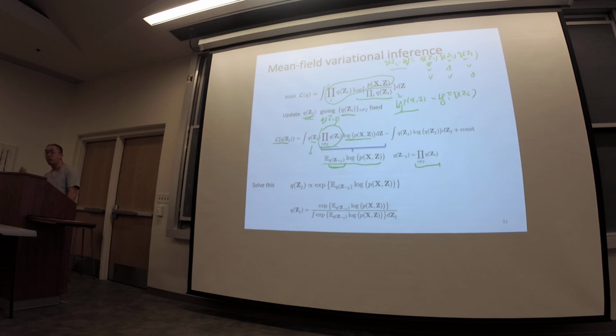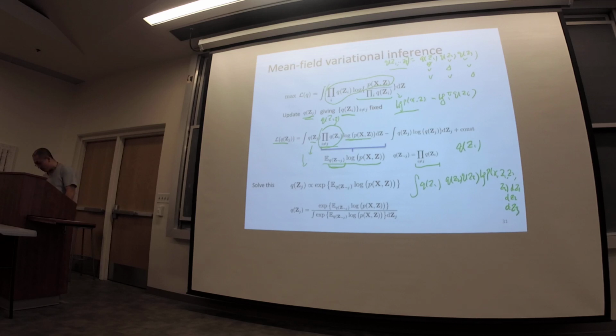Suppose I just have three random variables, Z1, Z2, Z3, and I want to update Q of Z1. In the first term, I can write it as Q(Z1), then Q(Z2), Q(Z3), and the logarithm of P(x, Z1, Z2, Z3), with dZ1, dZ2, dZ3.